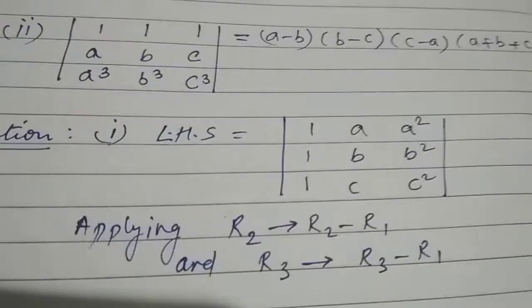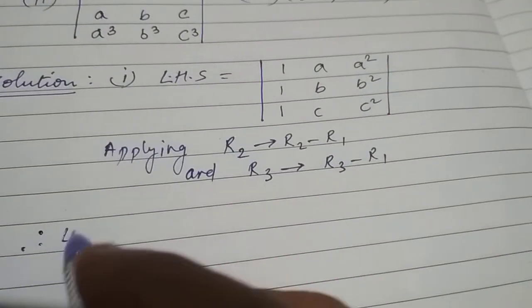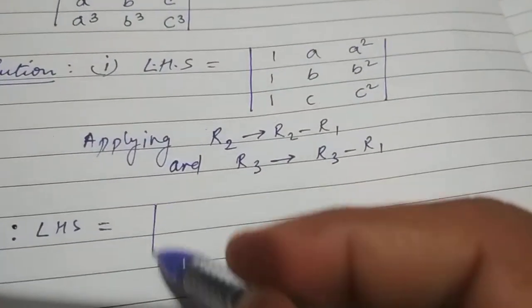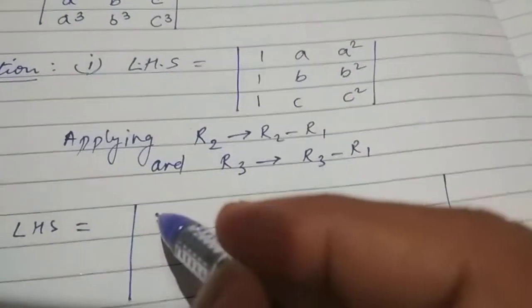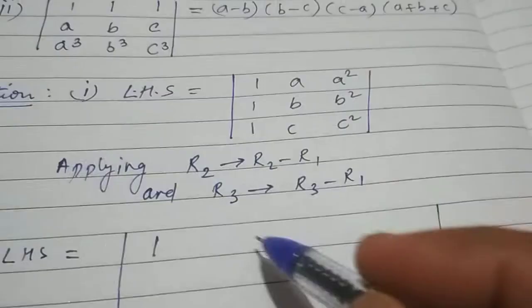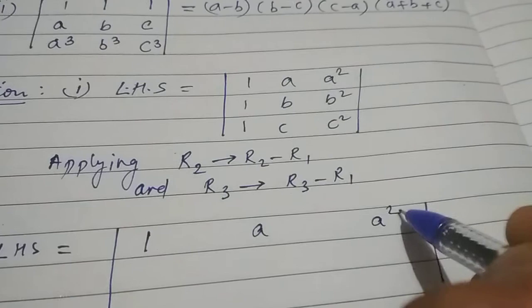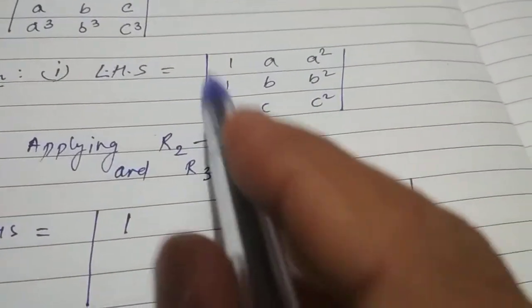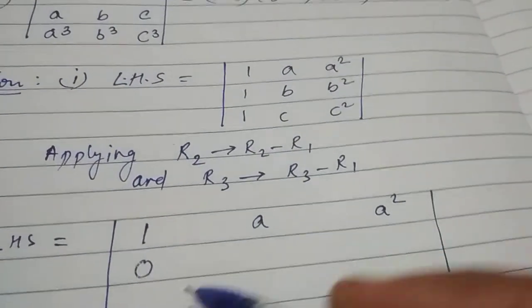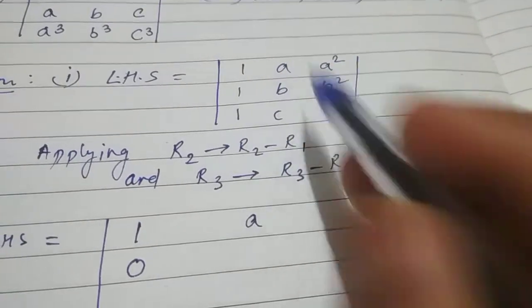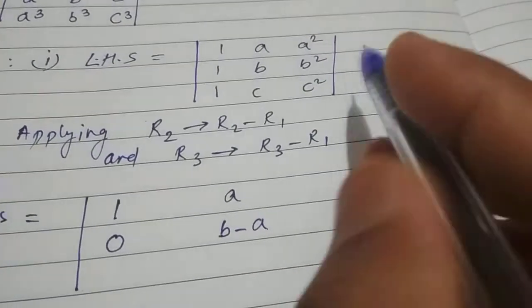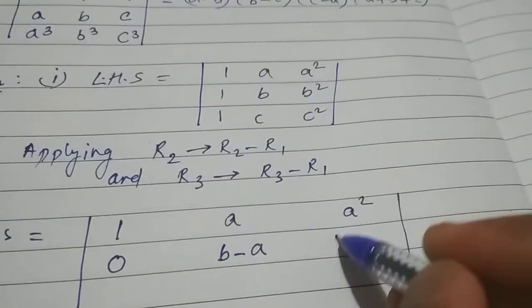Because of this, the first row is the reference row, so I'll write it as it is. The second row is going to become 1 minus 1, 0, then b minus a, then b square minus a square.